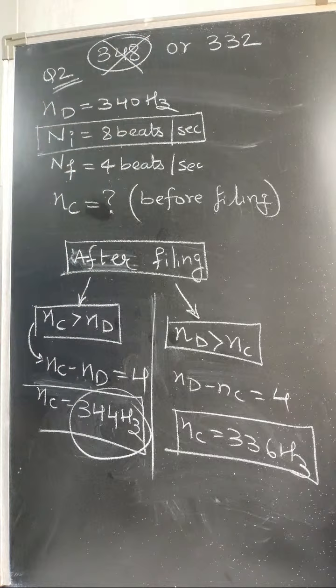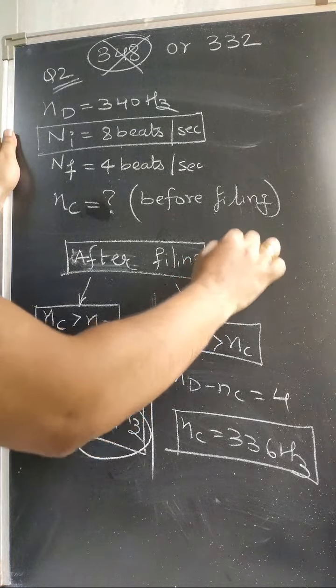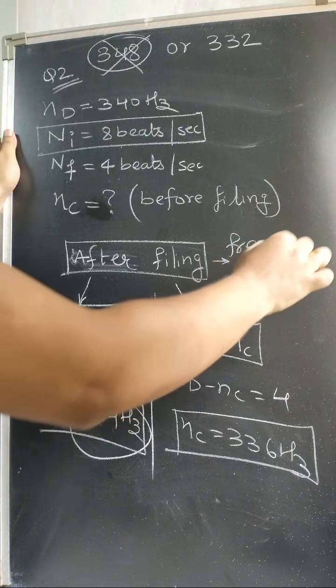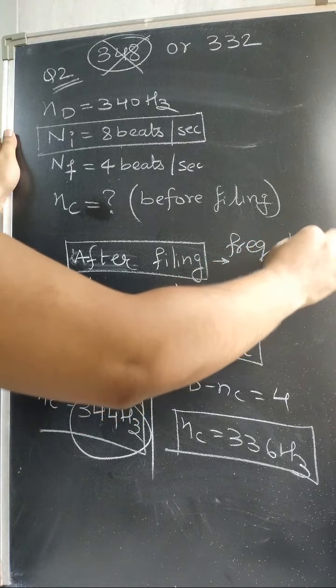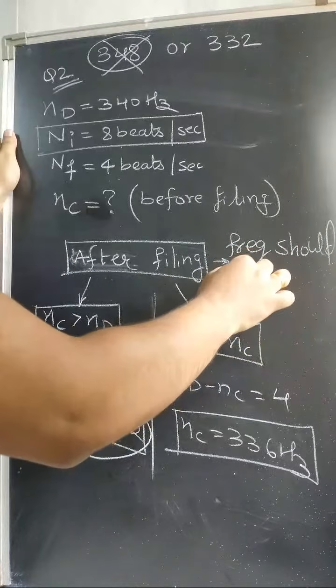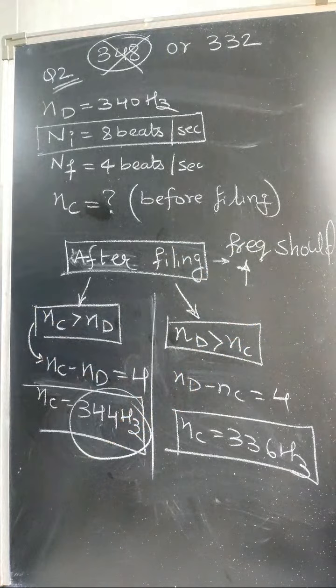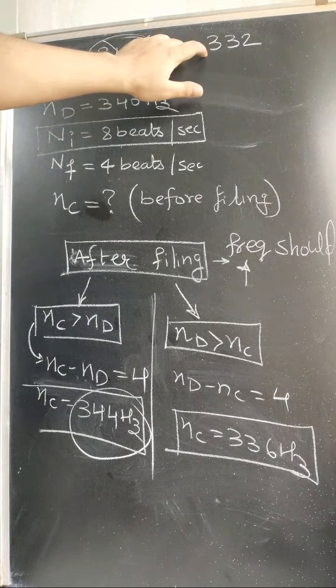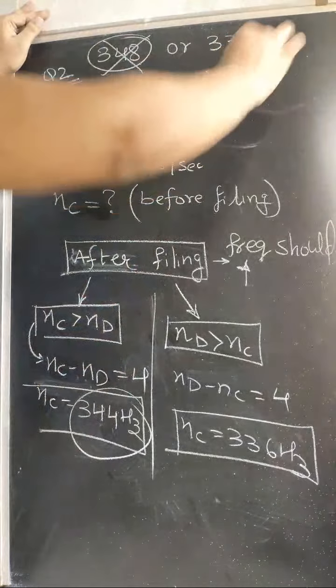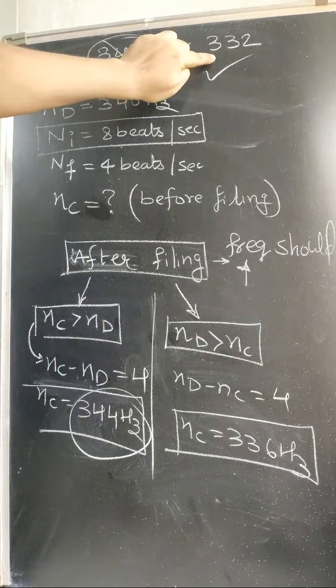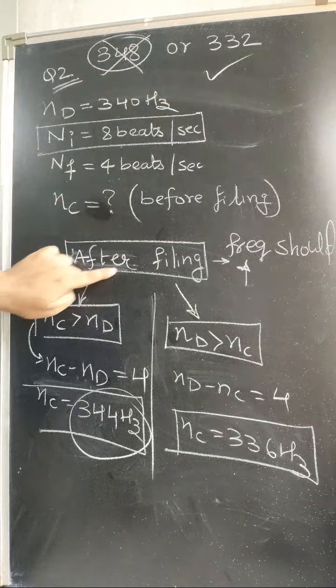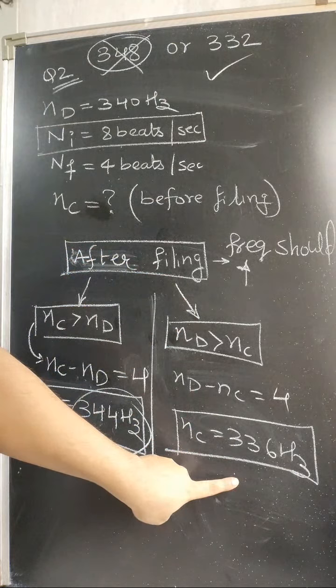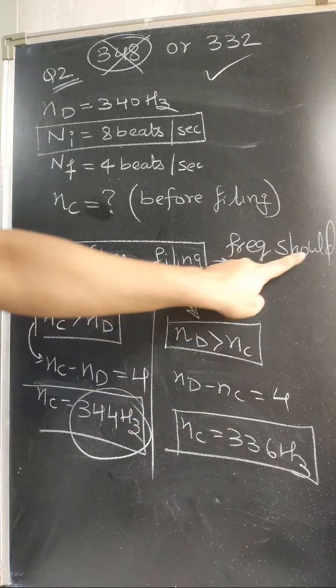Why is this wrong? Because after filing, what did we learn? Frequency should increase. So if you consider 332 Hertz to be the correct answer, then 332 Hertz after filing becomes 336.